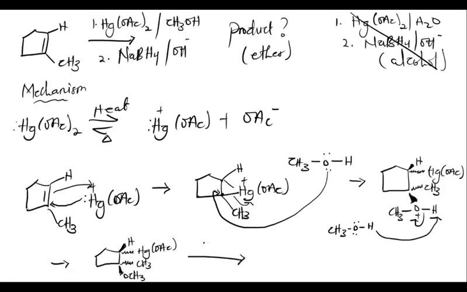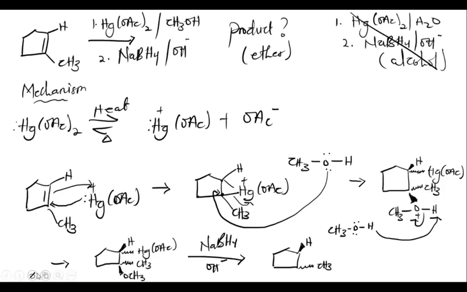So from here we just add sodium borohydride in the presence of a base. And what this does is it performs reduction on the acetoxymercury group over here by replacing it with hydrogen. Okay, so once that is done, this is what we get as our product. So we have the hydrogen that we are adding over here, then we have our methyl group over here.